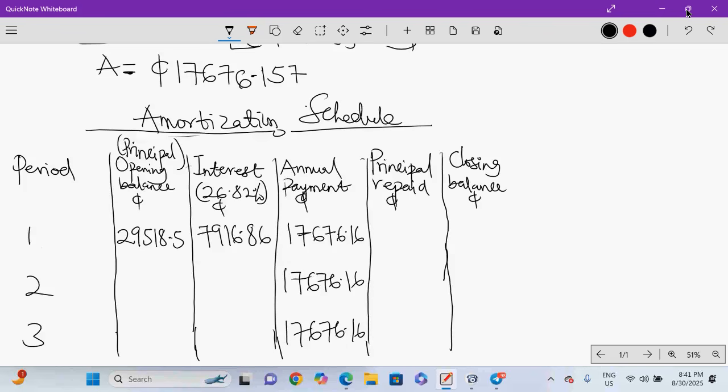If we have paid interest of 7916.86, then the remaining becomes the principal that has been paid. So what is the principal repaid?